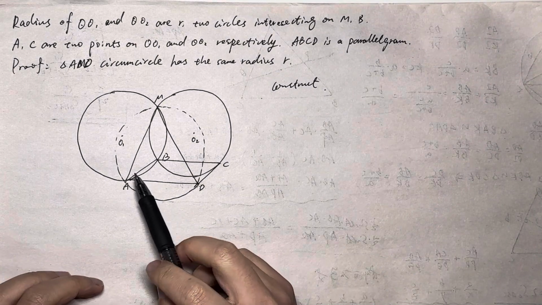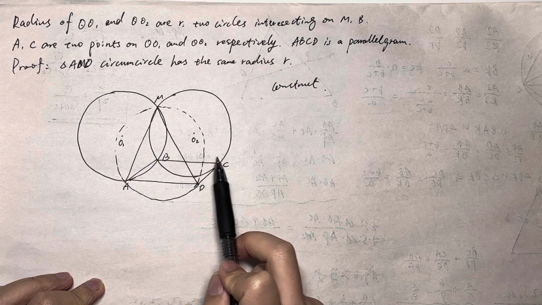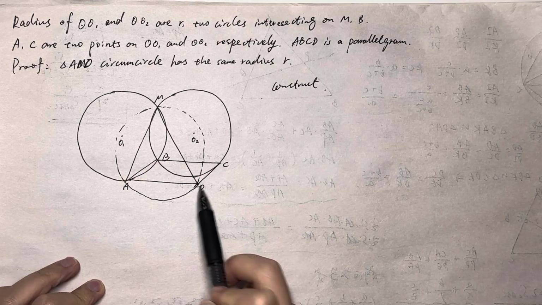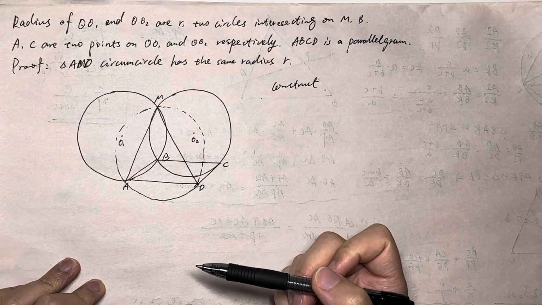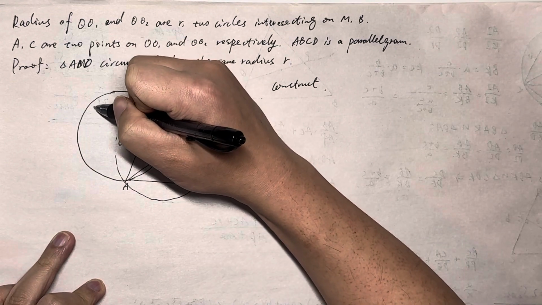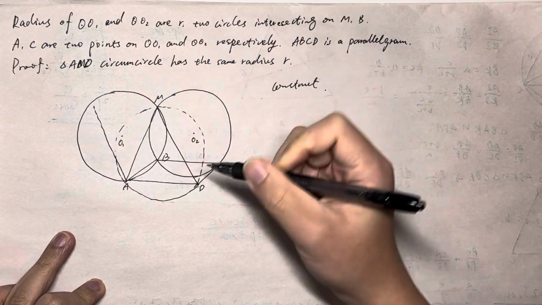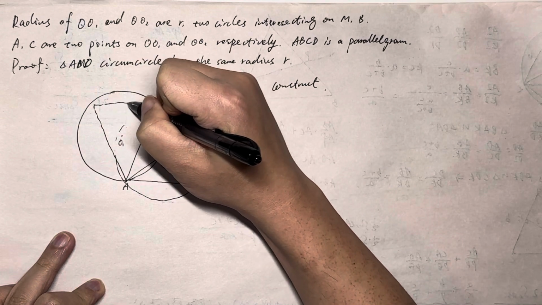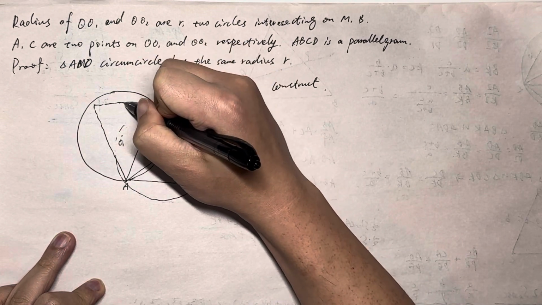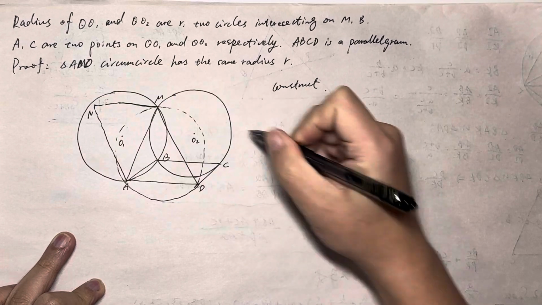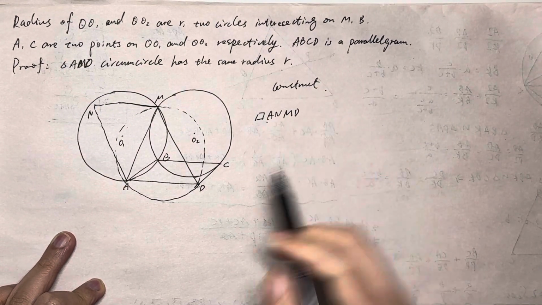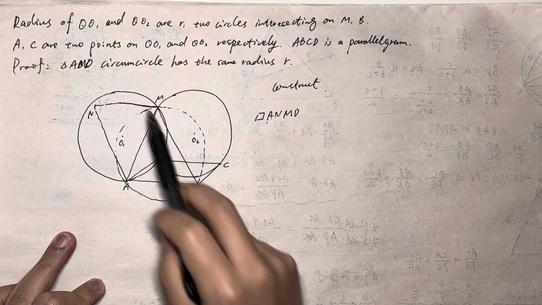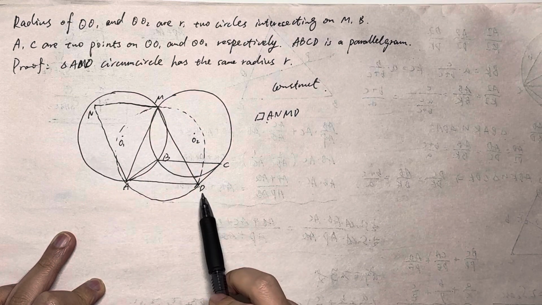We see a parallelogram ABCD, so we can build another parallelogram, ANMD.